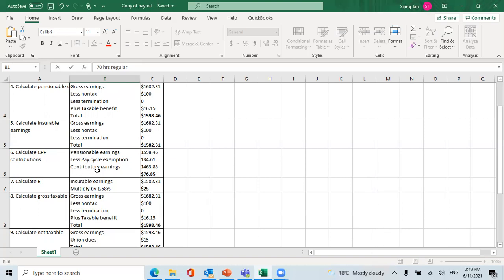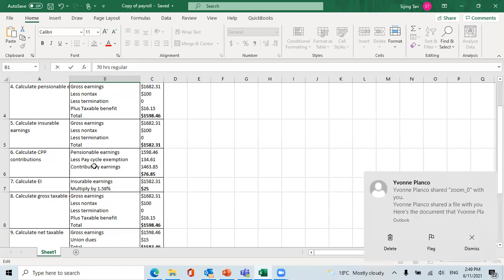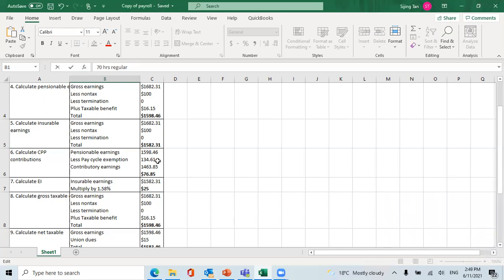As I said, contributory earnings is different than pensionable earnings because we use pensionable earnings and deduct the pay cycle exemption. So it's $134.61. This exemption table will be in your textbook, page 39. If you're confused about a number you cannot memorize correctly, write it down.